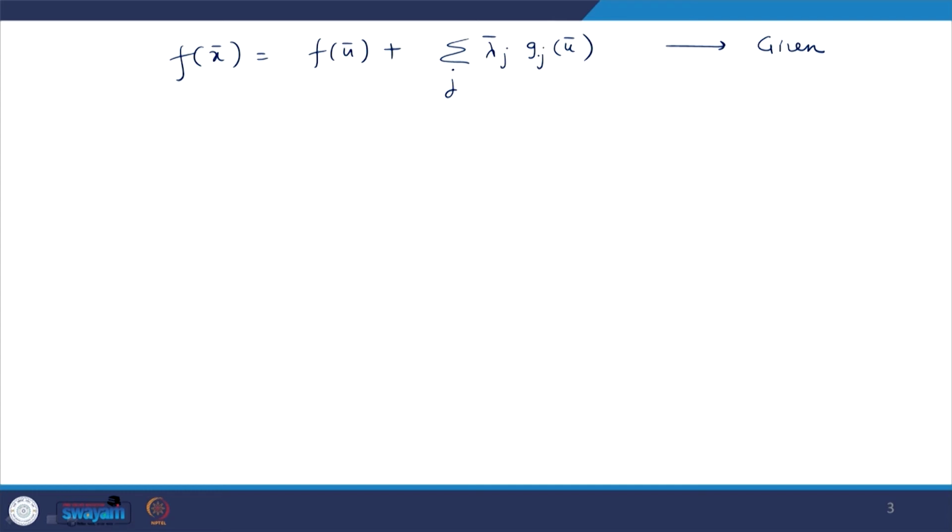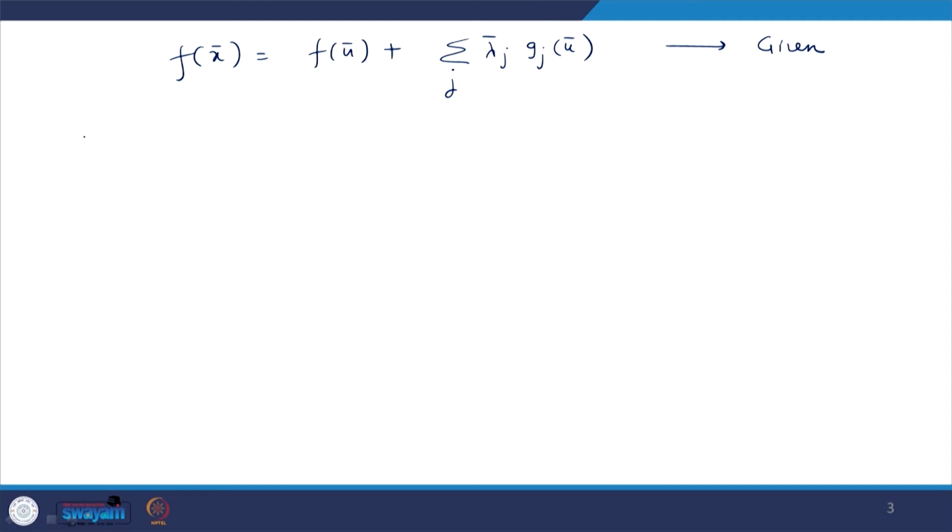So, if you want to show that x bar is an optimal solution of the primal problem, then we need to show that f x bar will be less than or equal to f y for any feasible y to problem C p. So, let us try to prove this result.